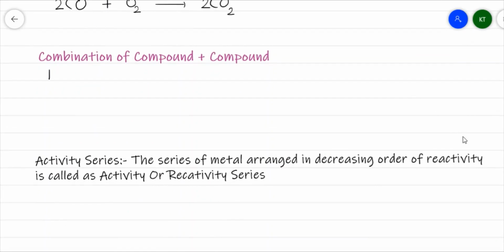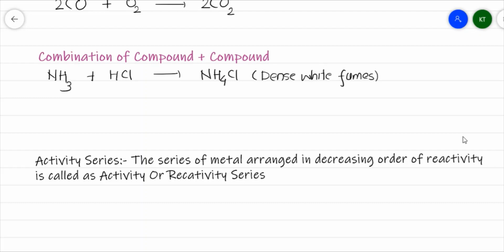Ammonia as one compound combines with hydrogen chloride as another compound to give me a single product, ammonium chloride, which is produced as dense white fumes. Then water as a compound reacts with CO2 to give me H2CO3, which is carbonic acid, as a single product.